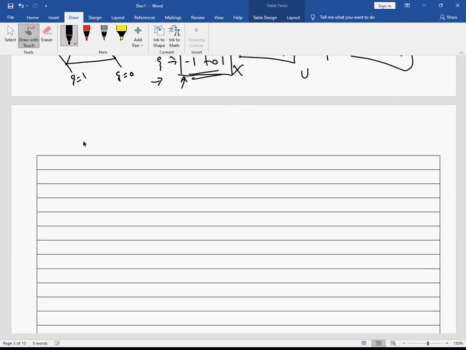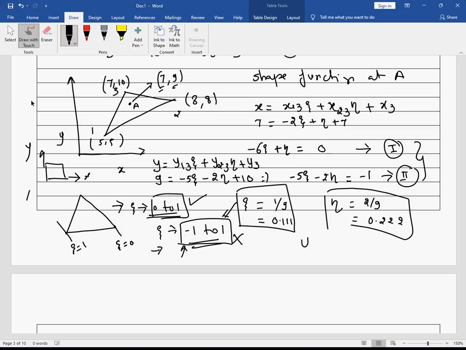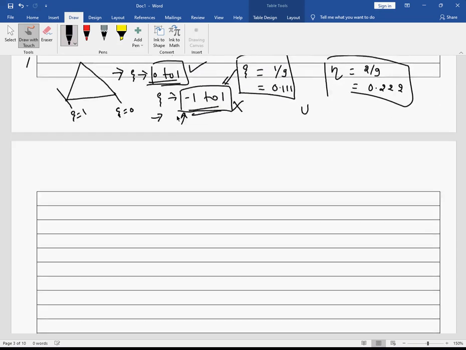Now we would like to add one more thing into the same problem. Let's say the temperature at this location is T1, the temperature at this location is T3, and the temperature at this location is T2.